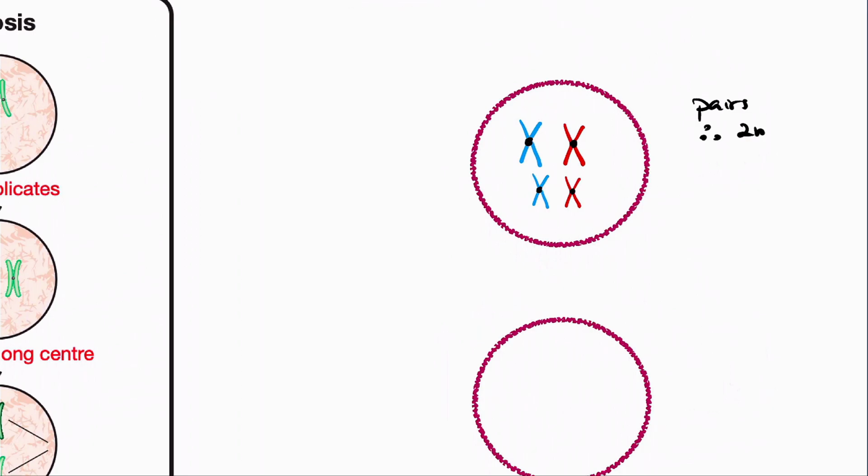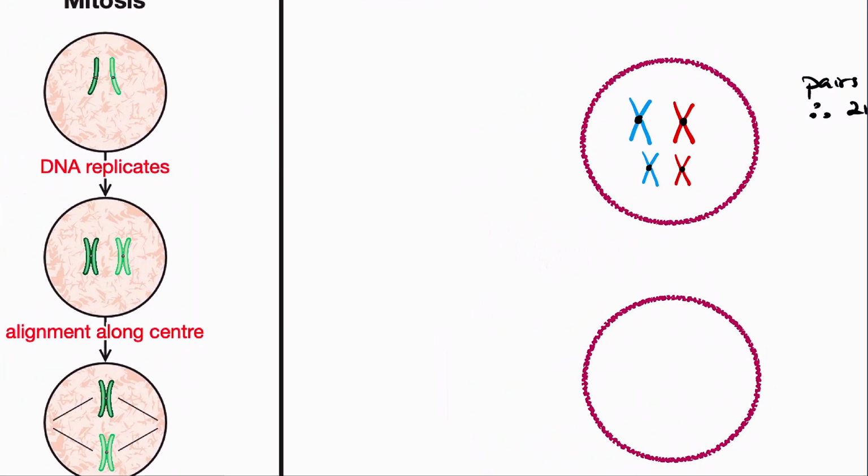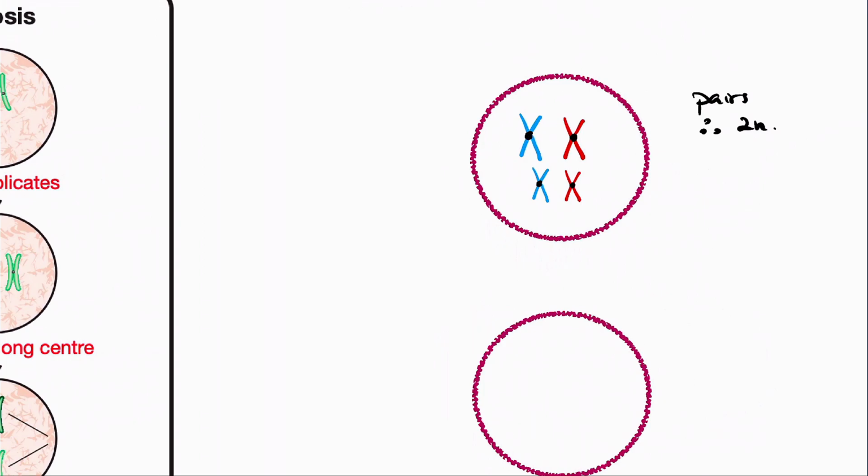Therefore, it's diploid. And actually, I got ahead of myself, I'm sorry. These are duplicated chromosomes. So what you would have before that is unduplicated, so you'd have something like this. A small one, big, small. So you'd have unduplicated chromosomes.